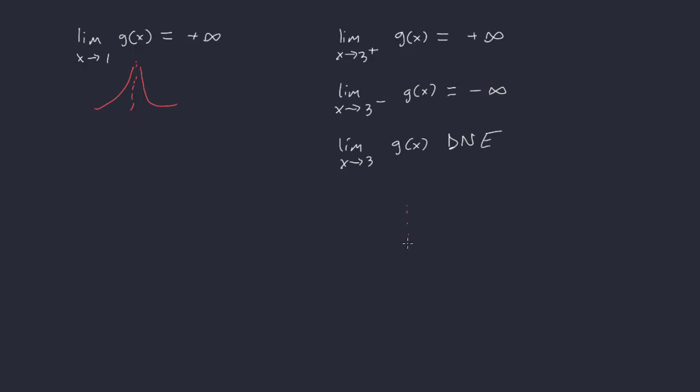So now I know that on the right side, the function blows up, but on the left side, it blows up in the opposite direction. So this is a very efficient way to talk about how a function behaves at an asymptote. All right, so the vertical asymptotes are x equals 1 and x equals 3.